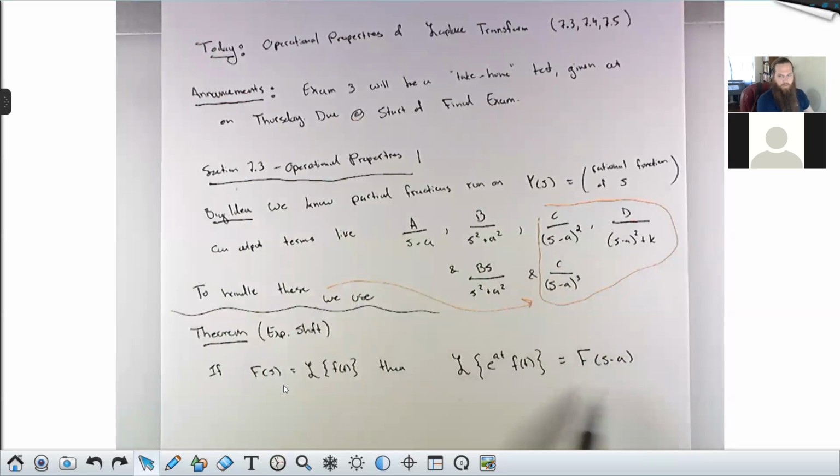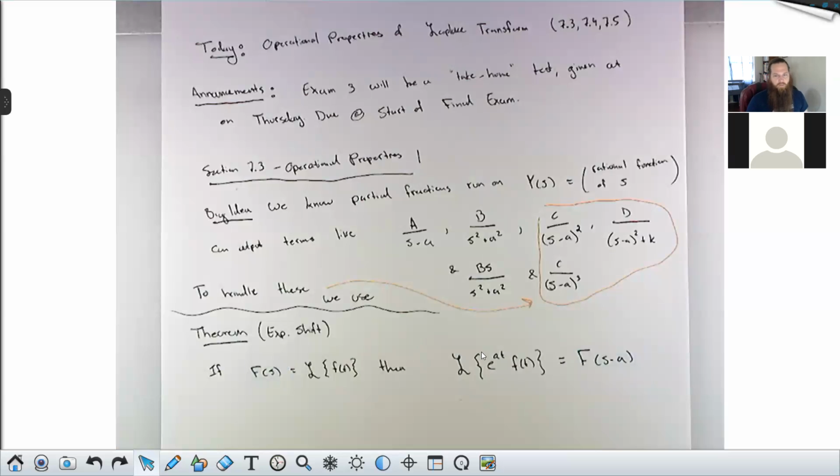You remember from your pre-calculus classes, what happens if you subtract a number on the inside of a function? If I take the graph of x squared and compare that to the graph of x minus 3 squared, the x minus 3 squared is the same graph, just shifted to the right by 3 units. So F of s minus a is the same function as F of s, just shifted to the right by a units.